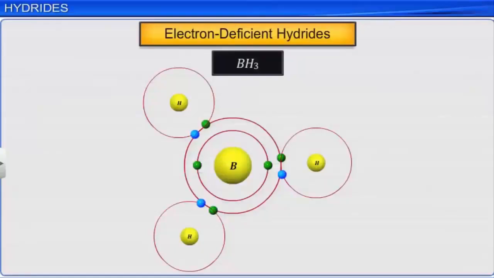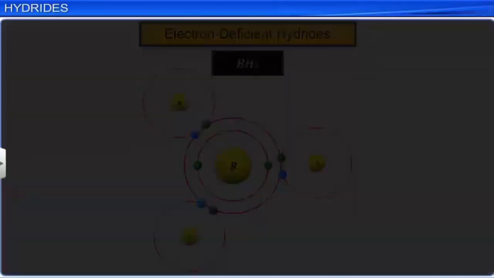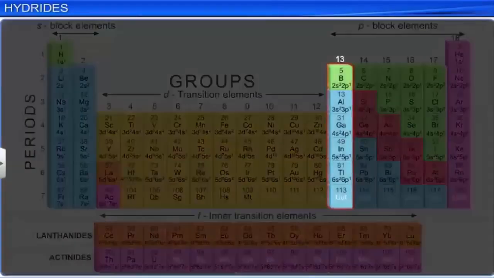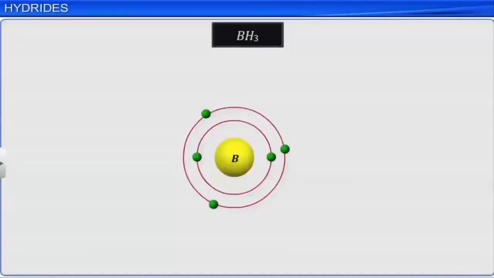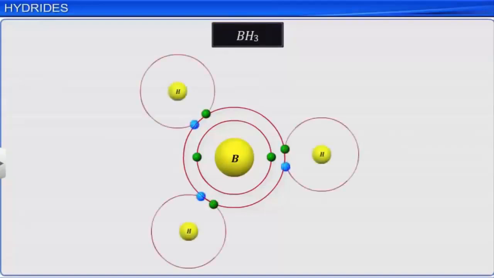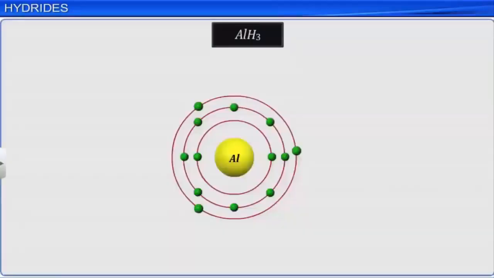The hydrides of group 13 form electron-deficient compounds. For example, in borane BH3, boron has 3 electrons in its outermost shell and forms 3 covalent bonds with 3 hydrogen atoms, resulting in an incomplete octet with only 6 electrons. Another example is aluminium hydride, or alane, AlH3.